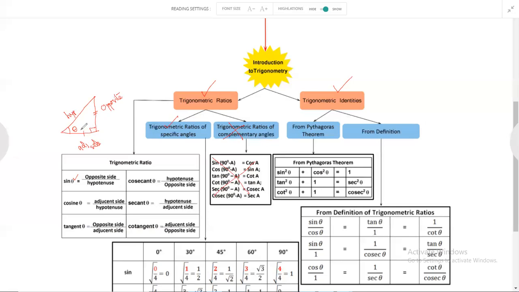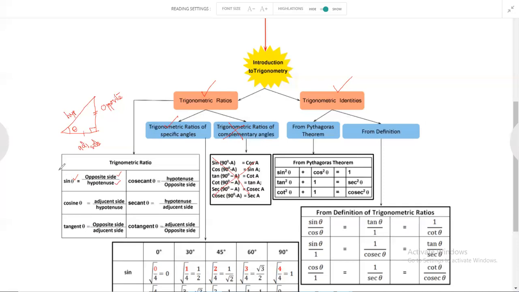In a right triangle, sine of this acute angle theta is opposite side divided by hypotenuse. Cosine or cos theta is adjacent side divided by hypotenuse. Tangent theta or tan theta is opposite side divided by adjacent side.